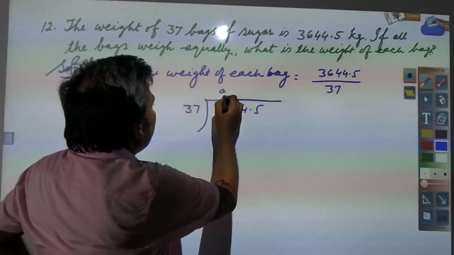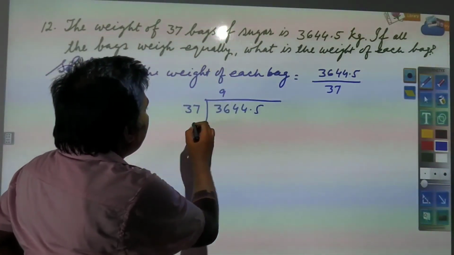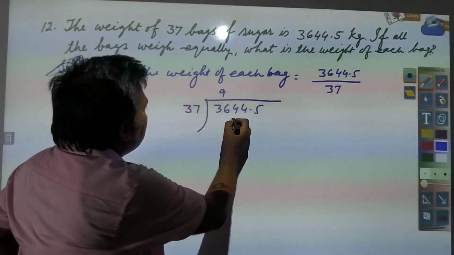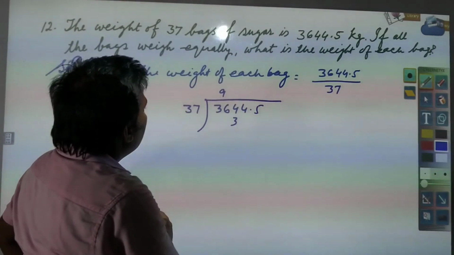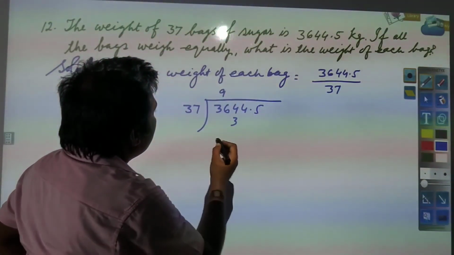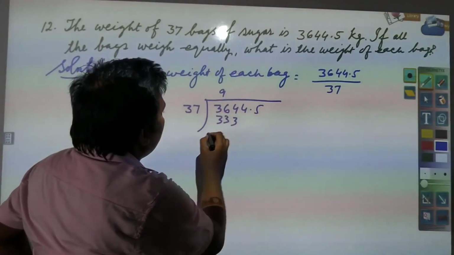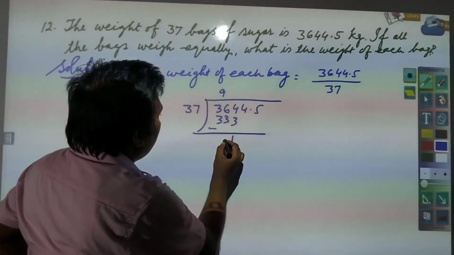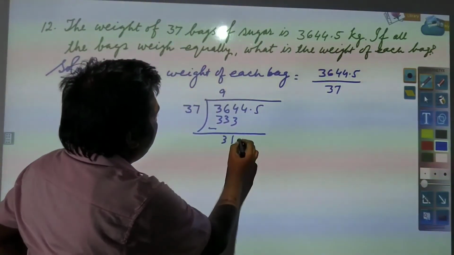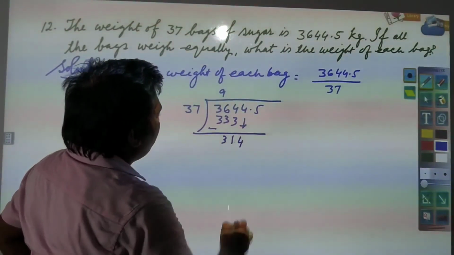9 times you try. 9 7 ja 63, 9 3 ja 27, and 6 33. If you are subtracting, you will get 1, and this is 3. Next number will be taken down, 4.